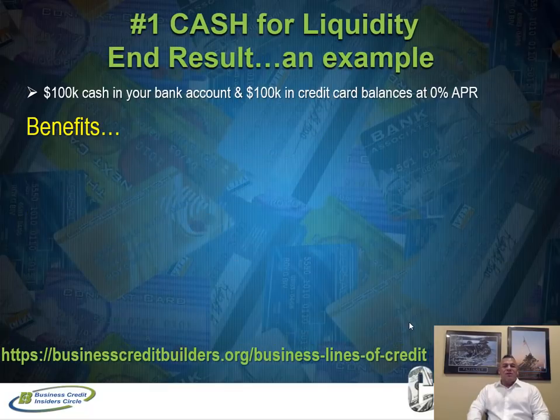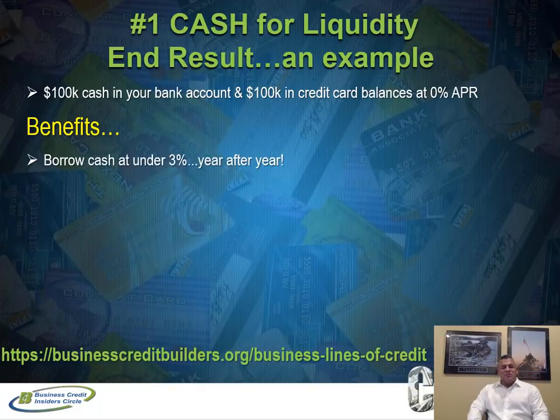The end result, and this is just an example of how the strategy works, is you can continually do this. Obviously, you have 5 cards here, so you can't do it forever. But once you pay off that card and you get a return, you could continue to do this year after year, month after month if you want. You'd have $100,000 in your cash bank account and $100,000 in credit card balances at 0% APR. So that's if we repeated the whole process.